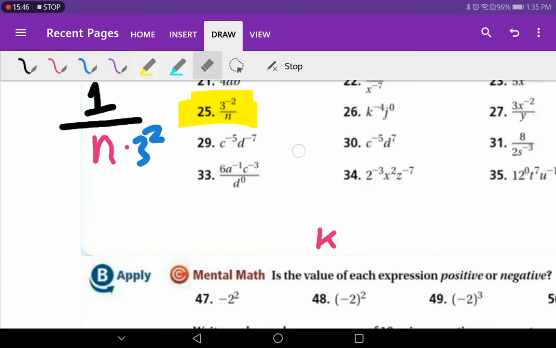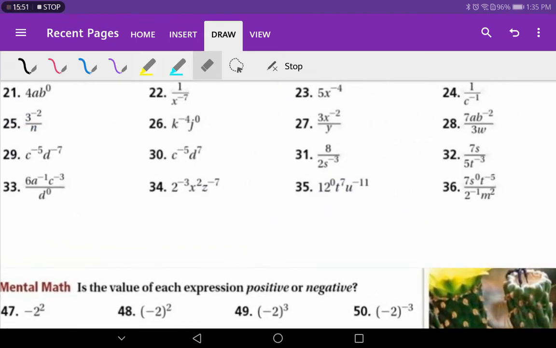Let us move to 27. Here. Again, I change the position for the base, the x, and the exponent, the power only, and the accessories around it I keep as they are. I'm here, my dear student.